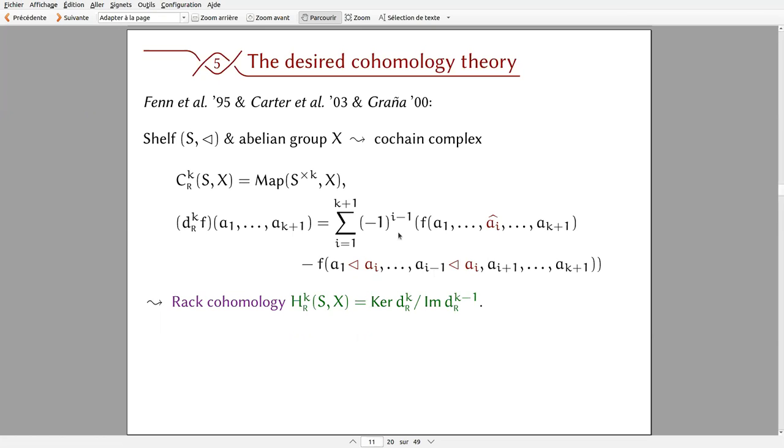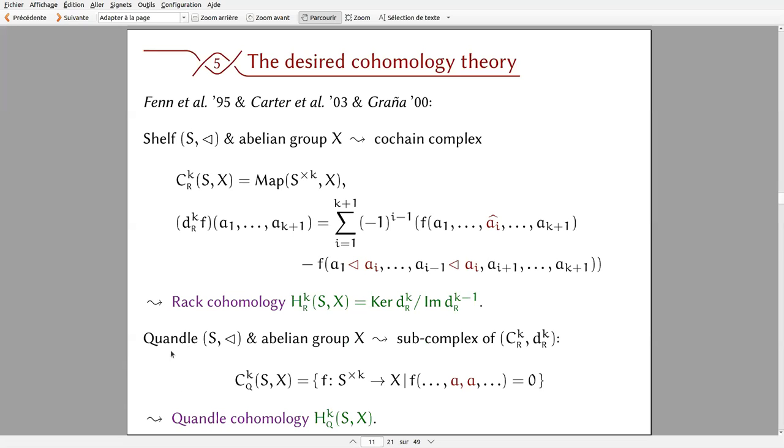And what we are taking is a signed sum of all these expressions. The nice thing is that if you apply this map D twice, you'll get 0, so that you really have a cochain complex. And so you can take the kernels of these maps and divide by the images, and it will give you what is called the cohomology of a shelf.